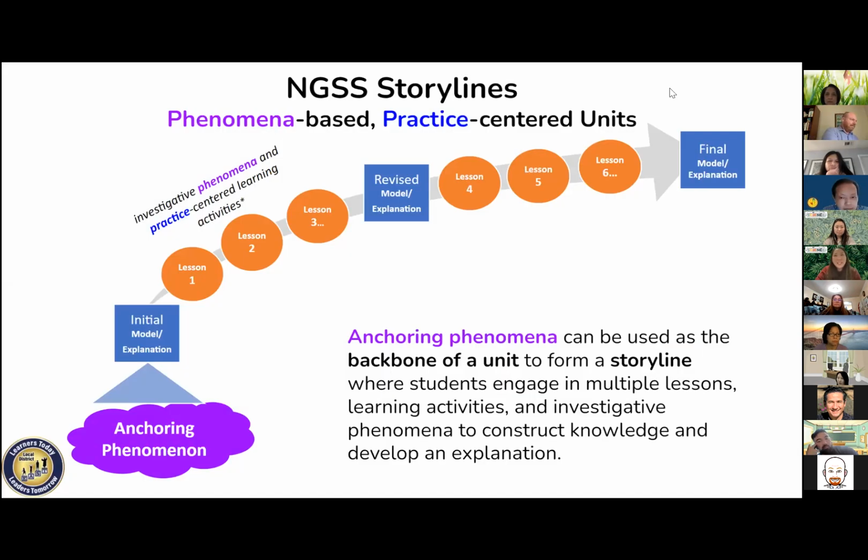So again, another slide you've seen before, we talked about the anchoring phenomenon always being that basis for how we are approaching our science teaching. So it's that backbone for our unit, forming that storyline where our students engage in the multiple lessons, the activities, and investigate a phenomenon to construct their knowledge and develop an explanation.